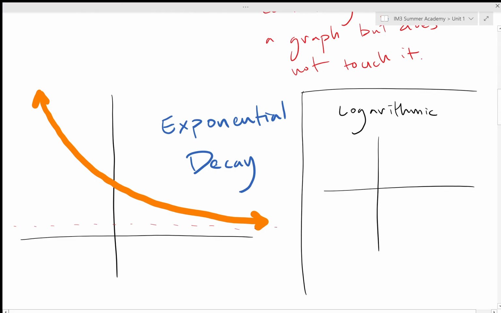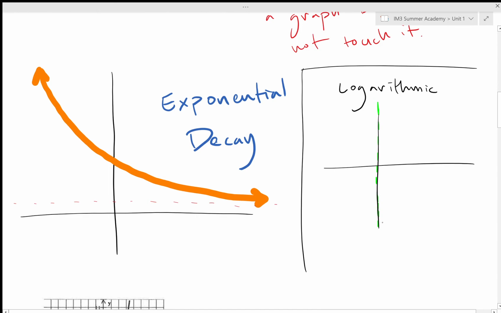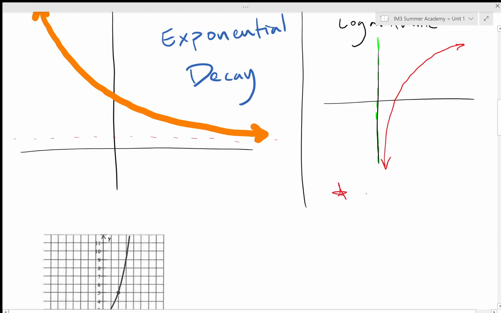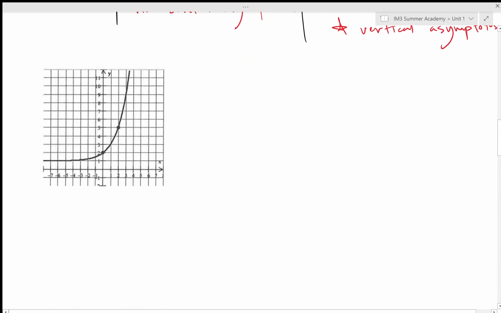Log graphs have vertical asymptotes that they'll never touch across. So the graphs would actually curve very similarly, but now go off like this, get really close to that y-axis, but never touch across it. So these ones have what we know as vertical asymptotes. These ones are horizontal asymptotes. Okay, sorry I had to scrunch that up.